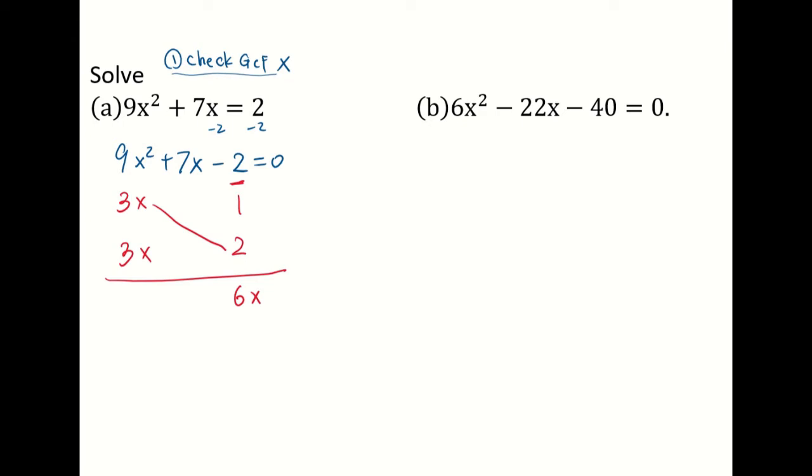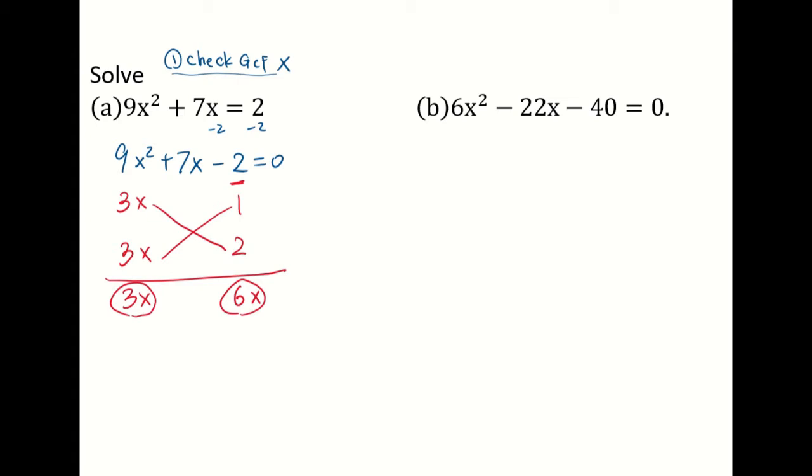And 3x times 1 is 3x. Somehow I want a 7x in the middle. So that means somehow I need to add or subtract these two numbers and make a 7x. There's no way, right? 3x plus 6x is 9x. 3x minus 6x is negative 3x. That means this combination doesn't work.